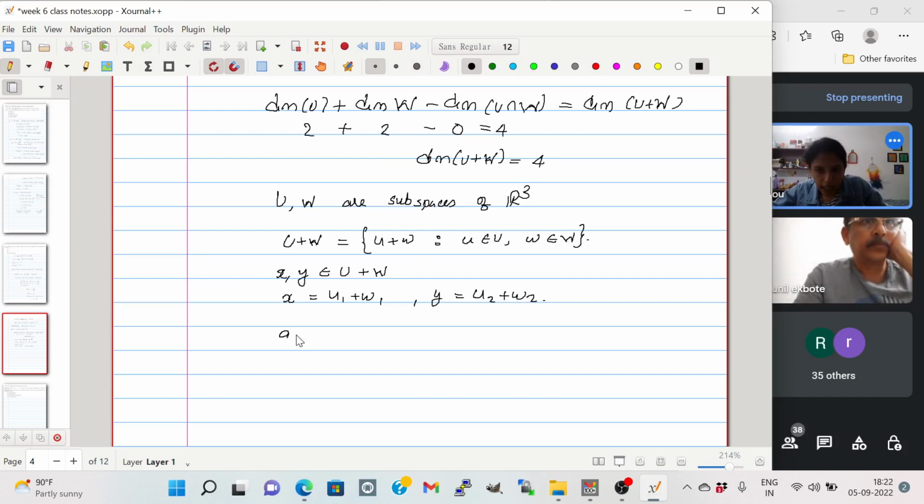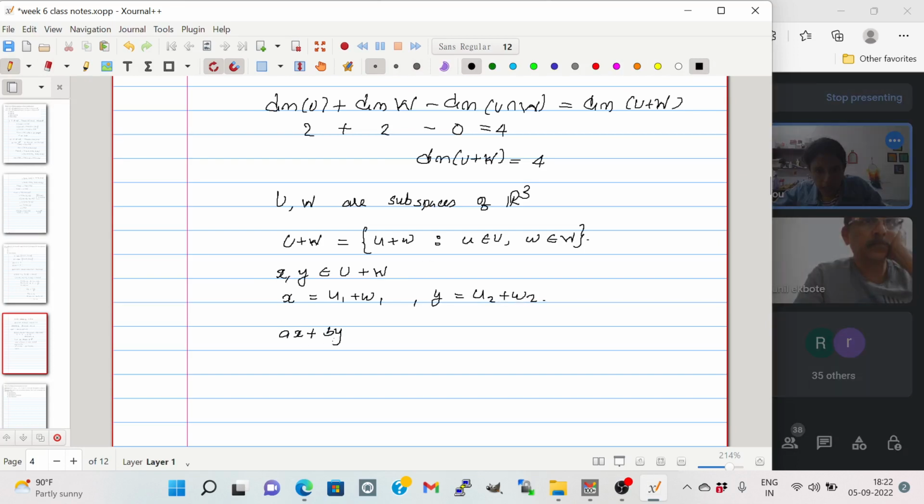I am taking ax plus by, where a, b are scalars in the field F. Ax plus by means a into (u1 plus w1) plus b into (u2 plus w2). From this, I can write (a u1 plus b u2) plus (a w1 plus b w2).